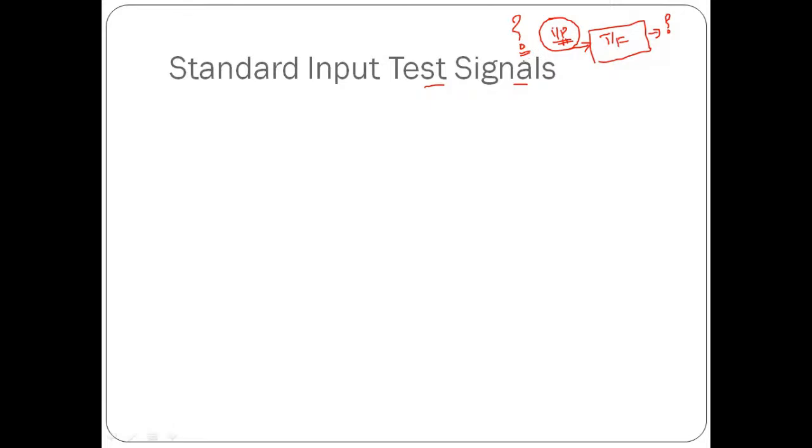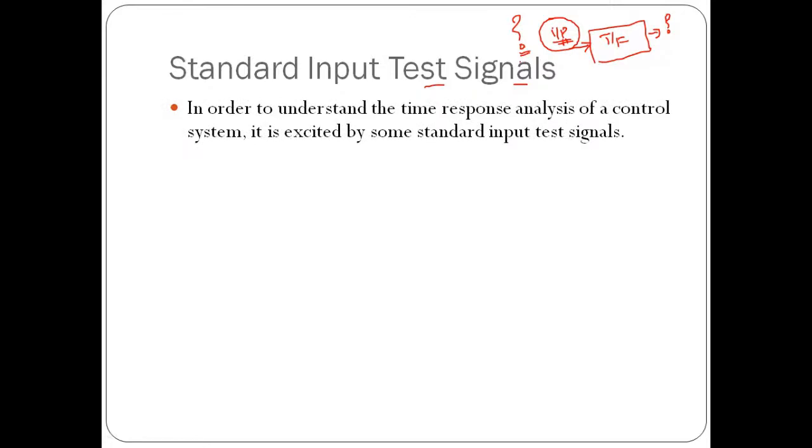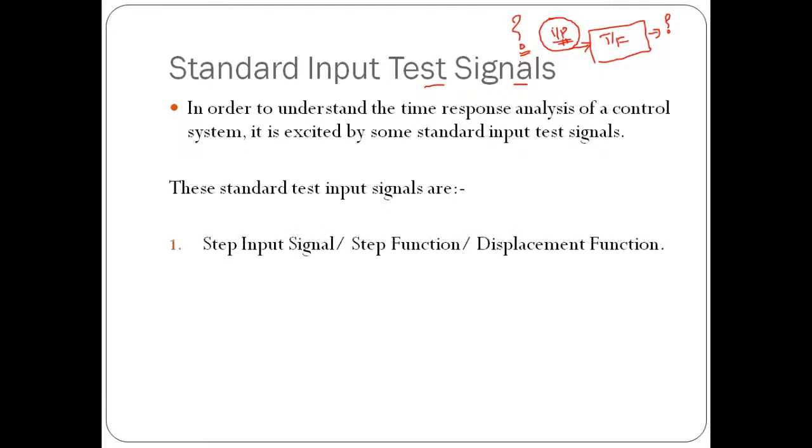So, what is the meaning of this standard test input signal? In order to understand the time response analysis of a system, it is excited by some standard test input signal. And these standard test input signals are classified into four main types. What are they? First one is called the step input signal.